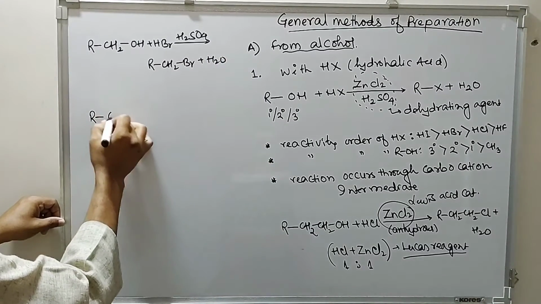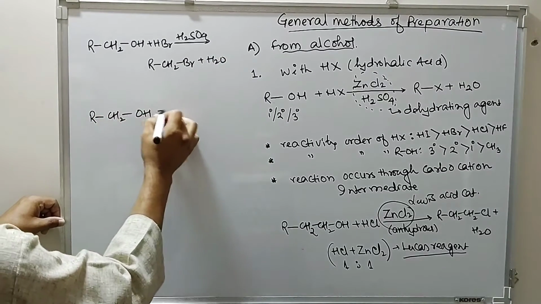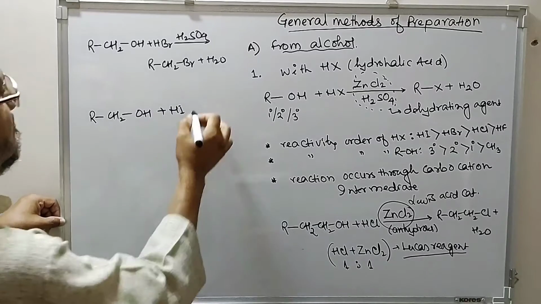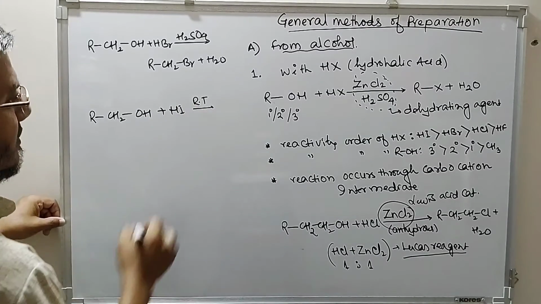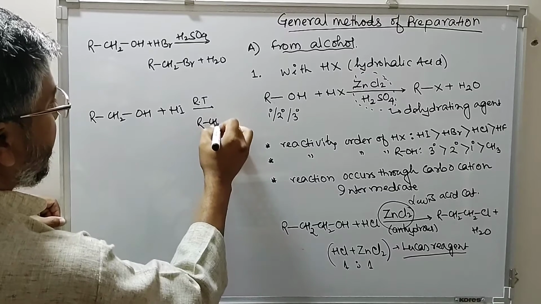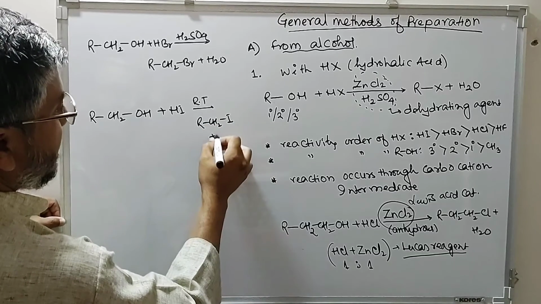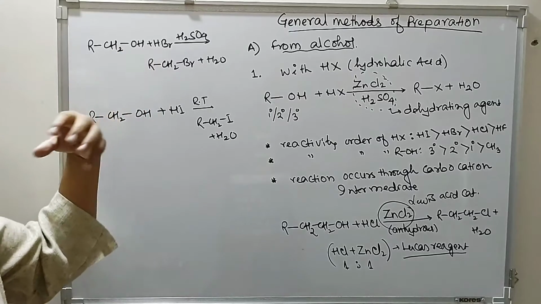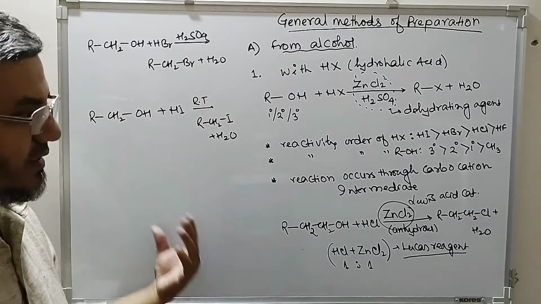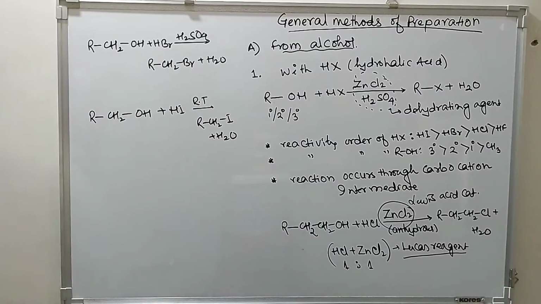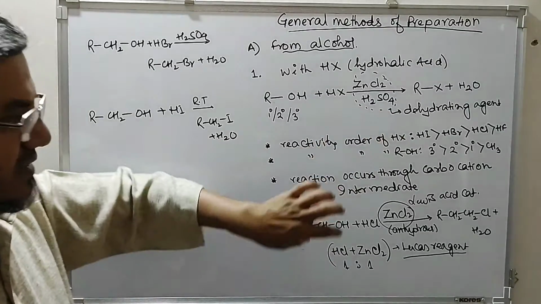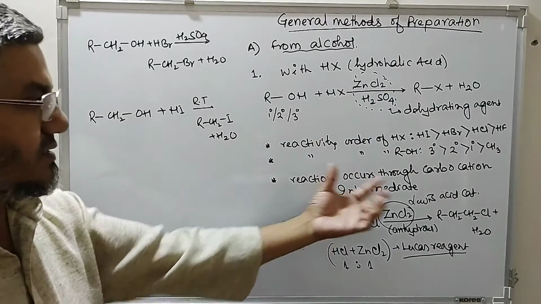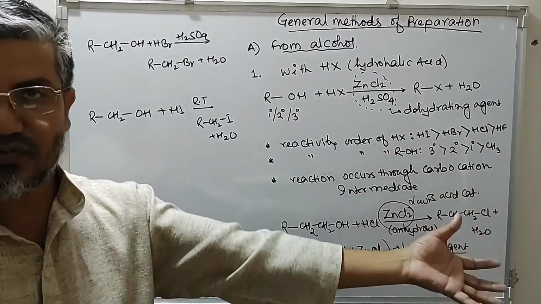We can also take RCH2OH reacting with HI, even at room temperature, to give you RCH2I plus H2O. So except HF, we can prepare alkyl chloride, alkyl bromide and alkyl iodide. As I told you, this is the reactivity order, and the intermediate formed in this reaction is a carbocation intermediate.